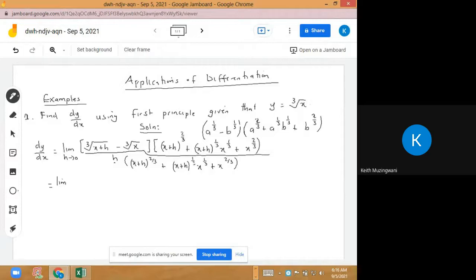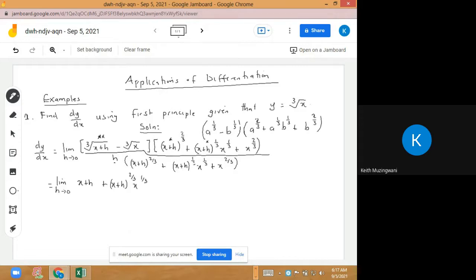We have the limit as h goes to 0 of what? Of this guy here multiplied by this one here will remain with only x plus h. This guy multiplied by this guy will have plus x plus h to the power 2 over 3 multiplied by x to the power 1 over 3.